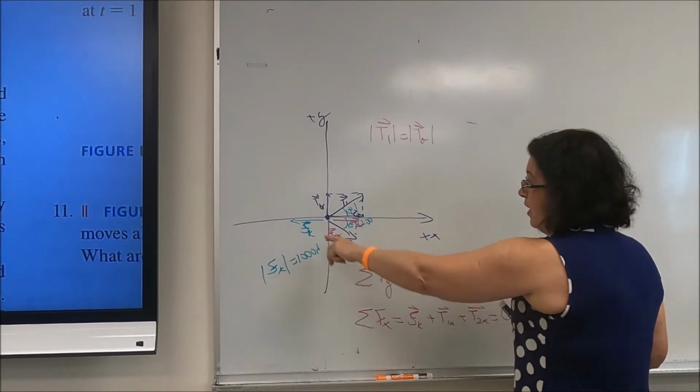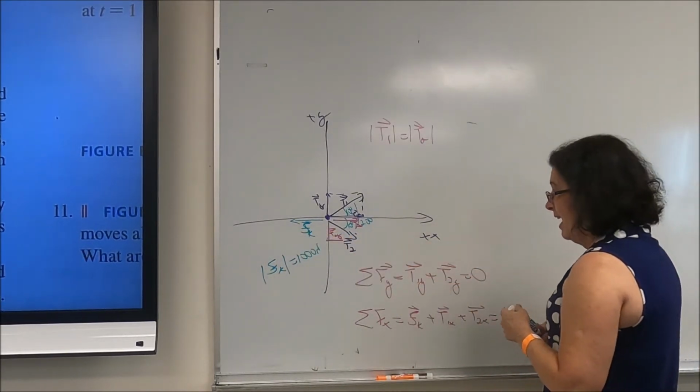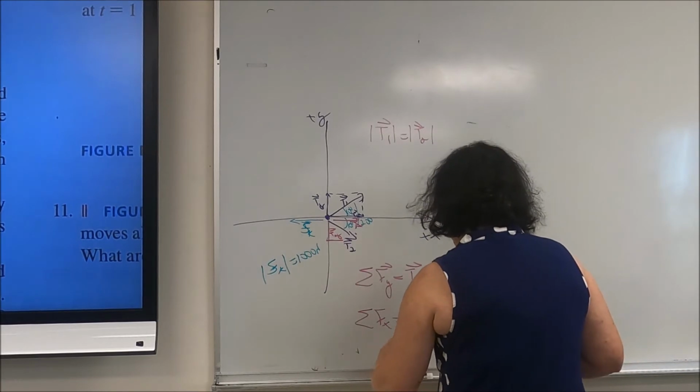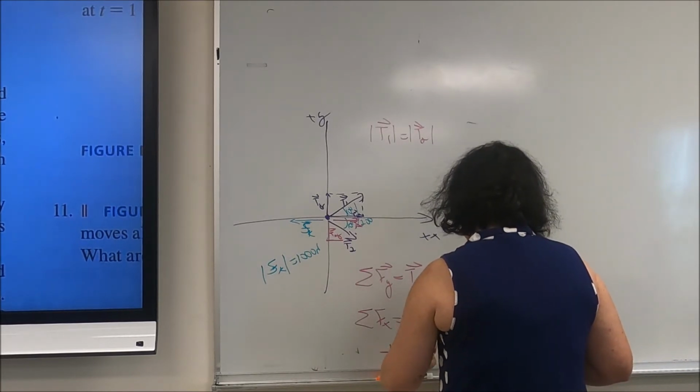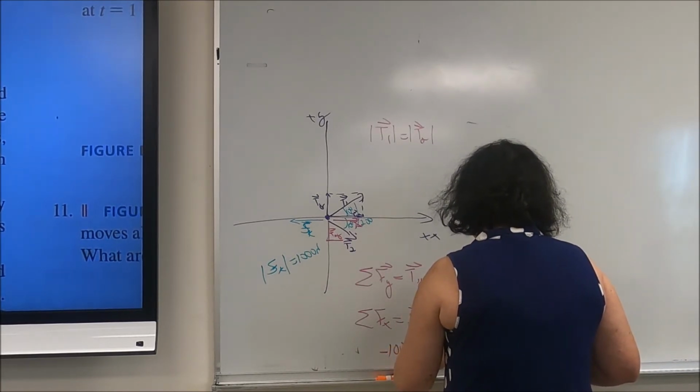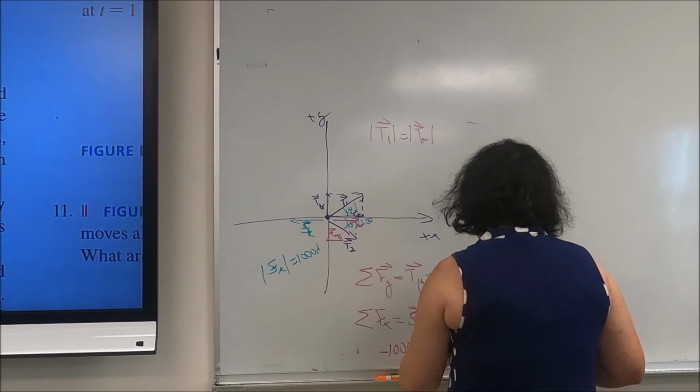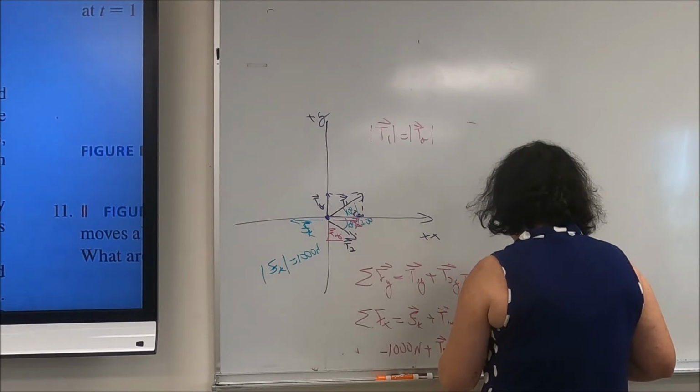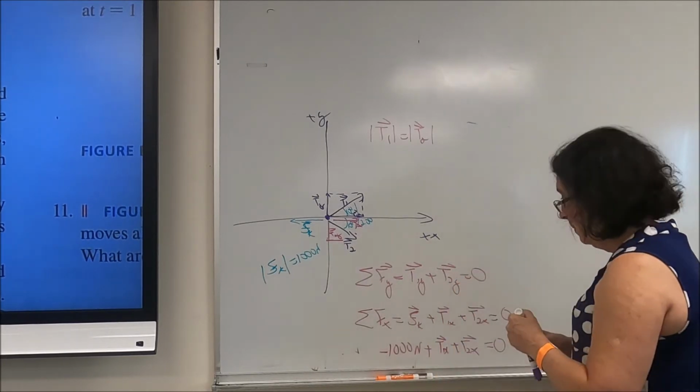So our frictional force is pointing in the negative x direction. So I have minus 1,000 newtons plus T1x plus T2x having to be 0.